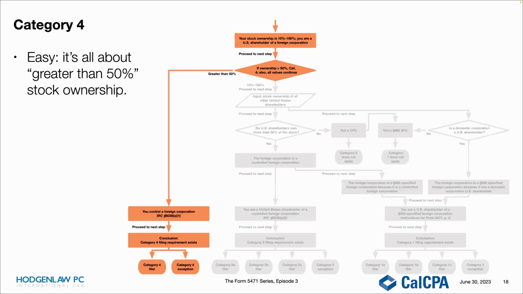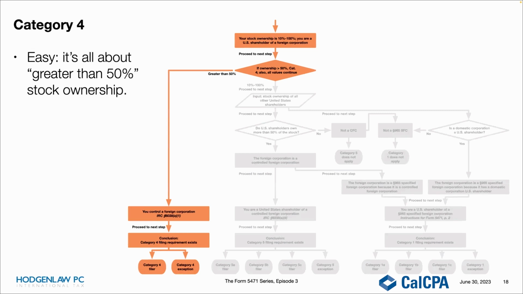If you don't own more than 50%, let's say that you came through with, on the previous page, if you had 8%, you got washed out right away, right? Because you never became a 10% threshold holder of stock. But let's say you own 30%. Look and see what happens on this flow chart.